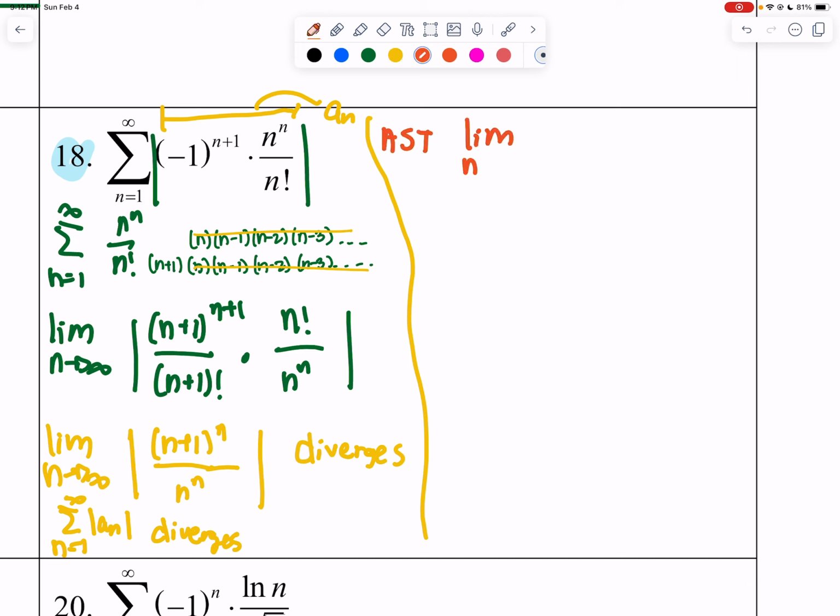All right, so the limit as n approaches infinity of n to the n and n factorial. We kind of saw that. No, we didn't. I was going to say we kind of saw that here. But if I were to think about this right here with n to the n and n factorial, this right here will approach infinity, just because the exponential right here grows a little bit bigger than the factorial.